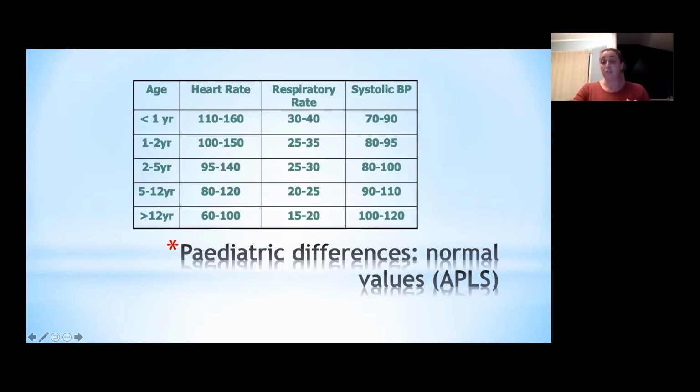Some really fit sort of 10 to 12-year-olds will sit under 60. But if you have a neonate or even a 1 to 2-year-old with a heart rate of 60, you need to be really concerned. So it's quite important to know your vitals and know the differences so that you can pick up when children begin to decompensate.